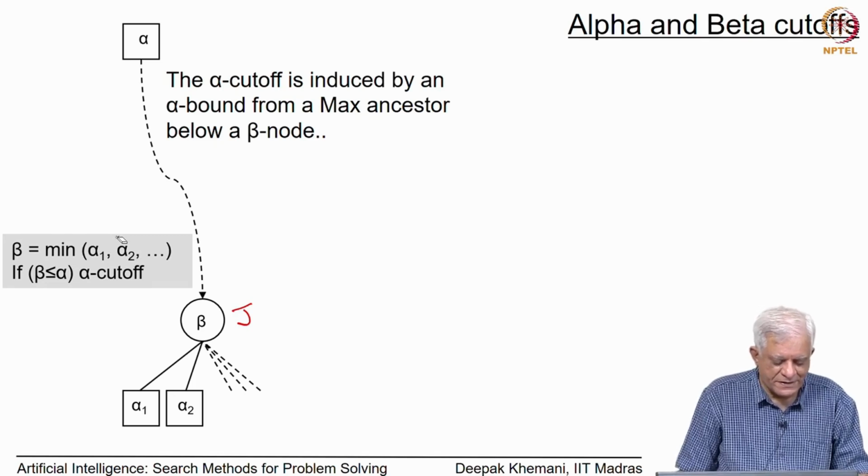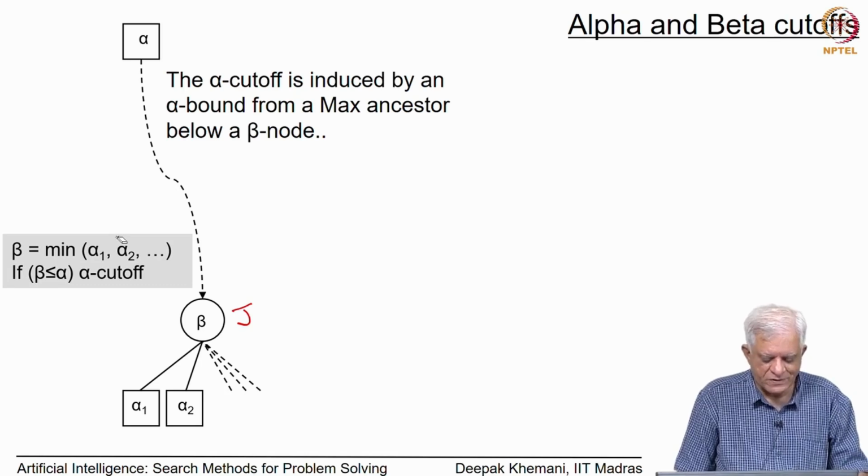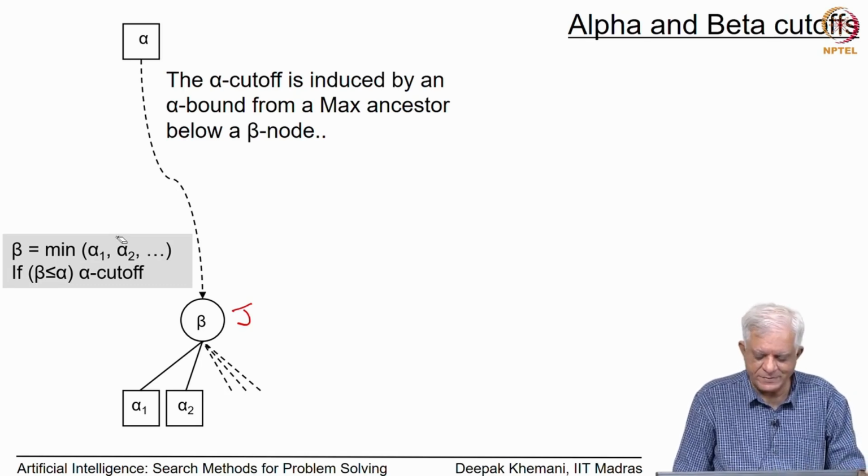The moment beta becomes less than or equal to alpha, we can do an alpha cutoff below this beta node, which means we can stop investigating this beta node and do not make recursive calls to any further children.